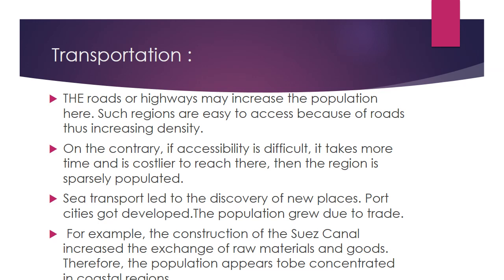Because of this, these areas are obviously densely populated. On the contrary, if accessibility is difficult, it takes more time and is costlier to reach there, and the region is sparsely populated. If the area is not good in transportation, it is very difficult to reach there and inconvenient to go to those places.